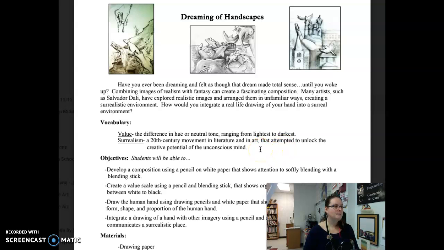Surrealism was a movement from the 20th century that happened not just in art, but in literature. And people really tried to create imagery that was dreamlike by trying to unlock your creative potential. And many of these images seem very strange to look at, but in a dream, it would make total sense.